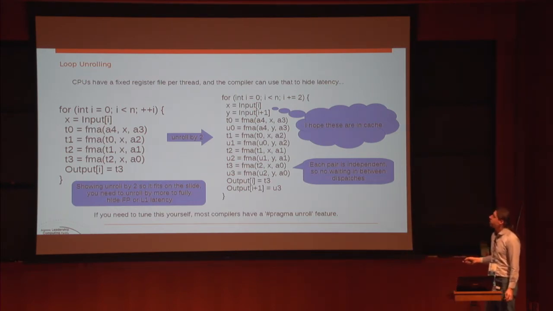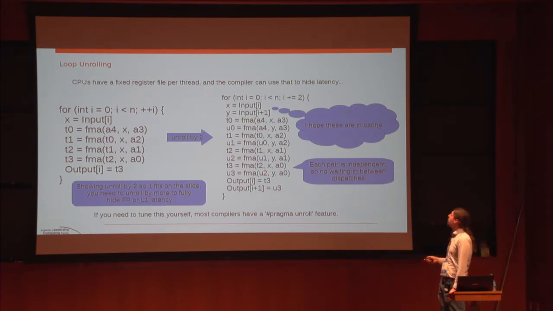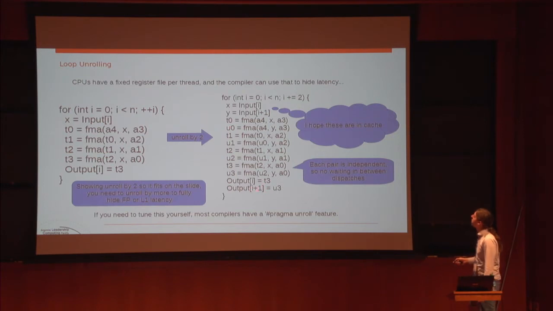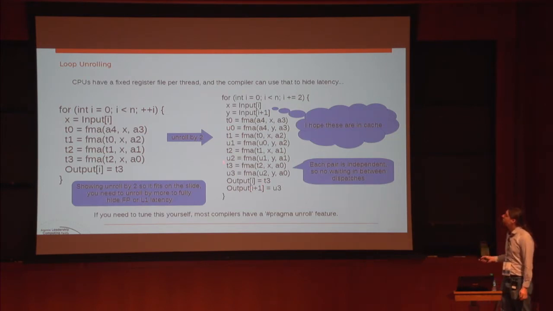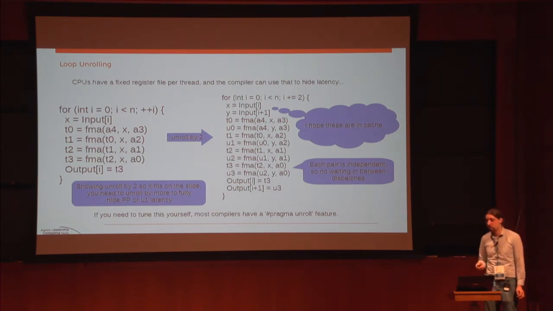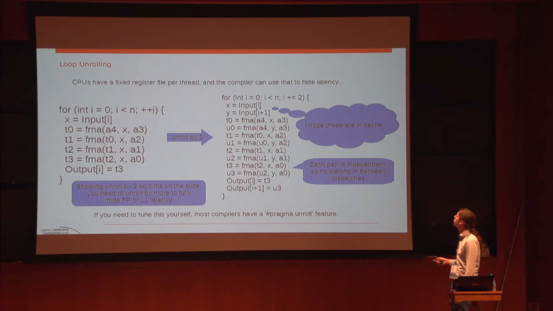And this loop is reading data out of some input array and writing it to an output array. And here I've applied a technique which the compiler will likely apply for you to some extent, although some tuning of exactly what factor is used is often something that a person needs to do.